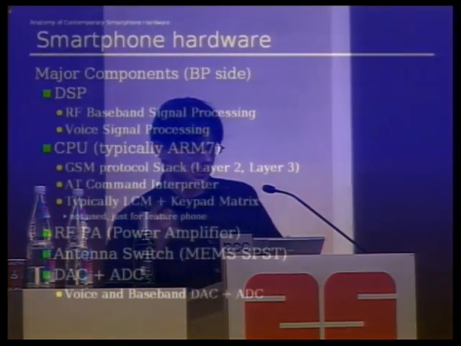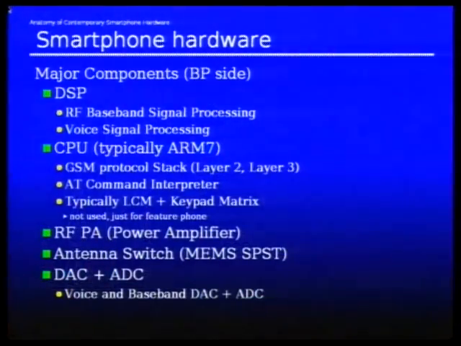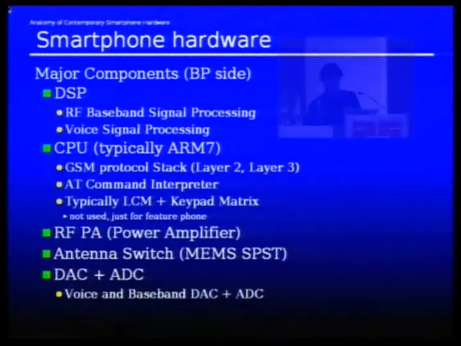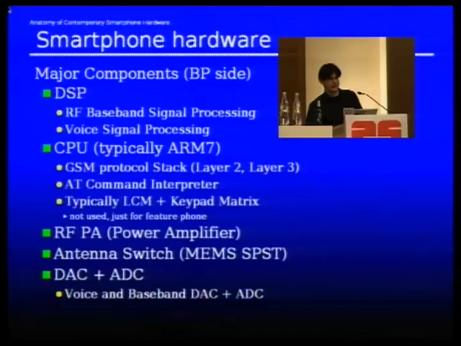Okay, well, these are the kind of things we see on the application processor side. If we go to the actual baseband side, the baseband processor side, BP, it's AP and BP, you have a digital signal processor, which does the RF baseband signal processing, so things like the modulation, the channel equalization, and so on and so on.